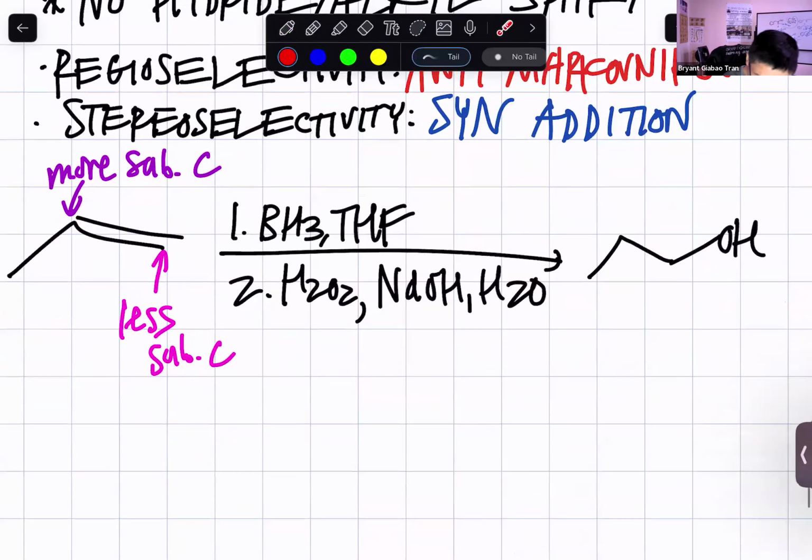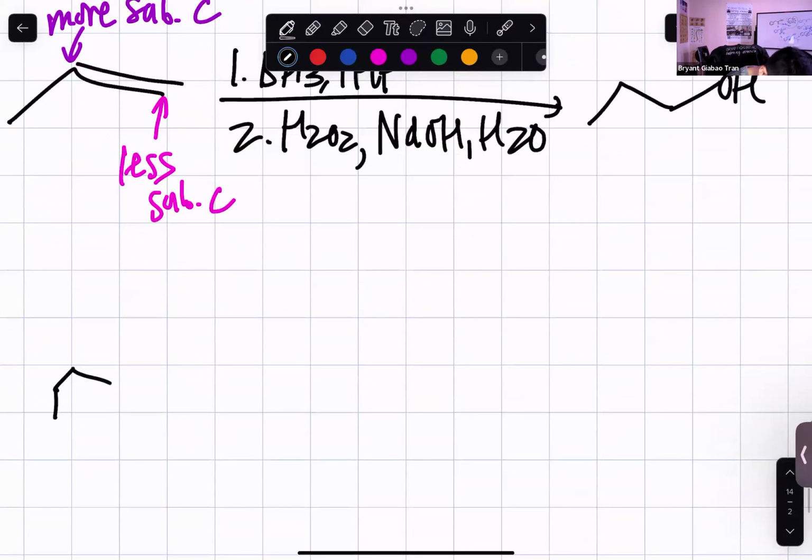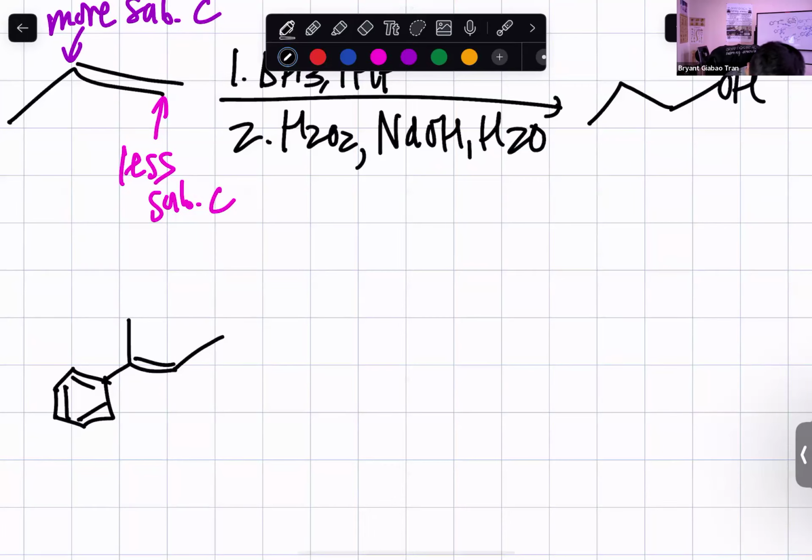Right. And this was a simple example because we didn't have any stereochemistry, but let's say we do have a chiral center.